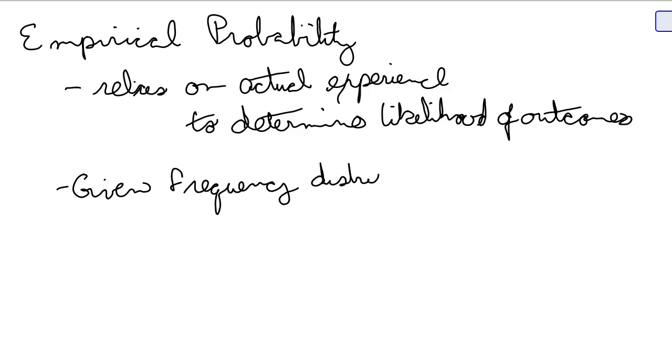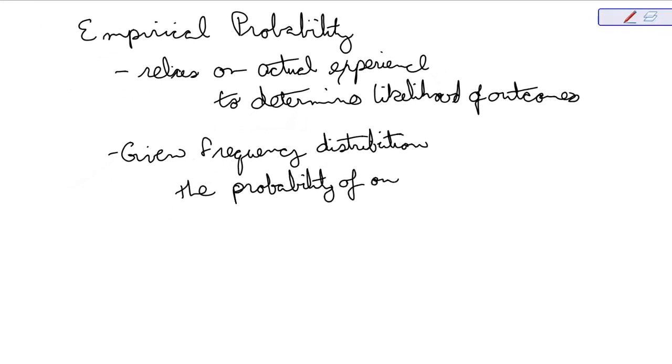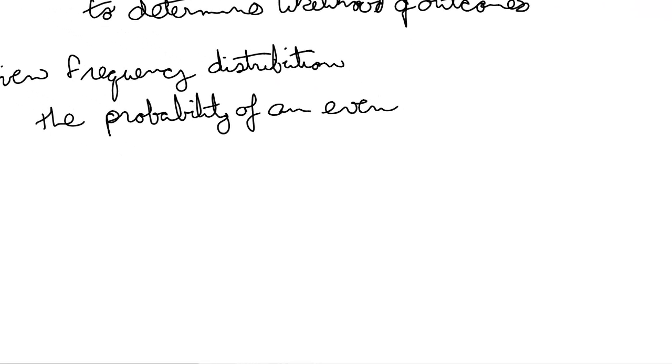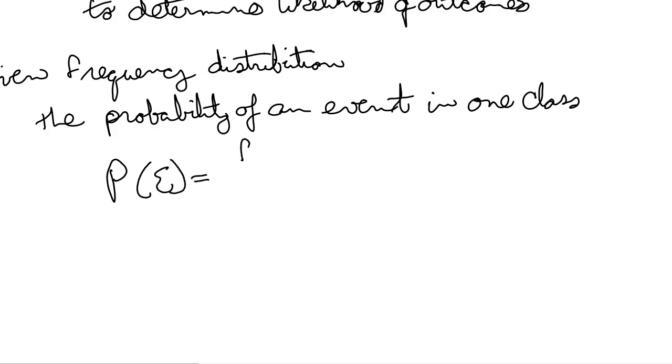So when we're given a frequency distribution, the probability of an event in one class is going to be: probability of event E is equal to the frequency of the class divided by the total frequencies.